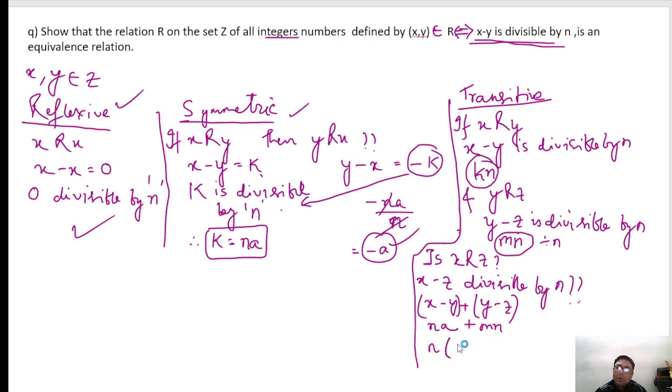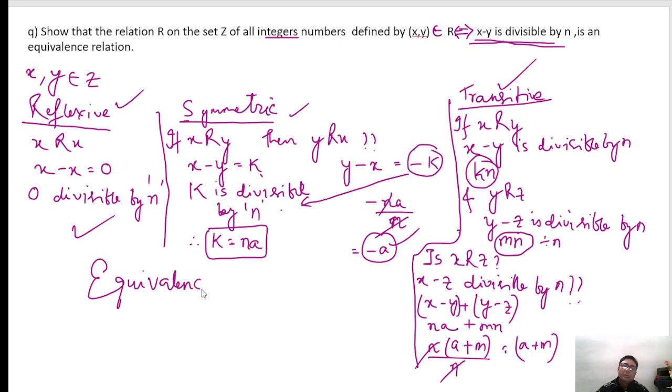So if I take n common, a plus m, and yes, it is divisible by n, isn't it? That means it is transitive also. And if it is reflexive, symmetric and transitive, it is an equivalence relation. Correct? This is also an equivalence relation, right?